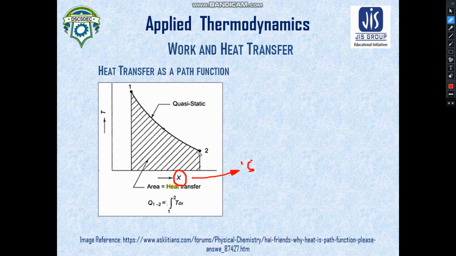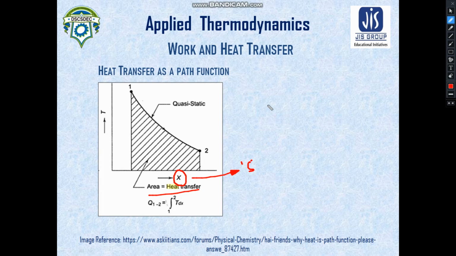So the area under the quasi-static path denotes the heat transfer. The area under the TS curve always denotes the heat transfer, and the area under the PV curve denotes the work transfer. These two pieces of information you should remember for your lifetime, because this will help you in many different ways.